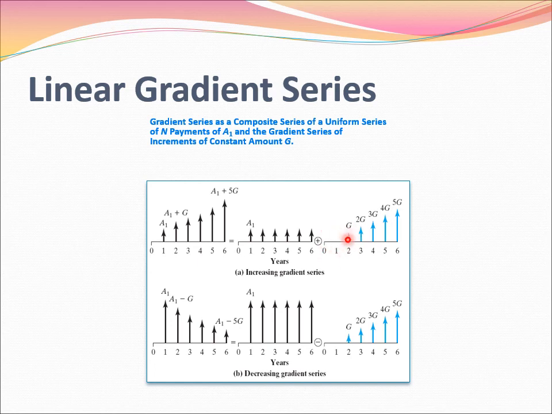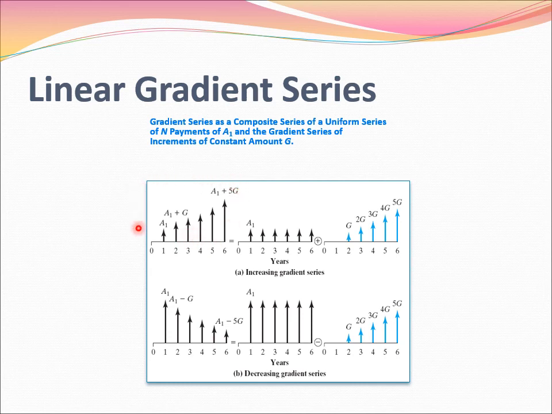At the end of the second period, we have a payment of G, and it increases in each period. Okay. So what do we do? We need to convert this cash flow, for which we don't know the formula or factor, to maybe two or more cash flows for which we know the factor or we know a formula.